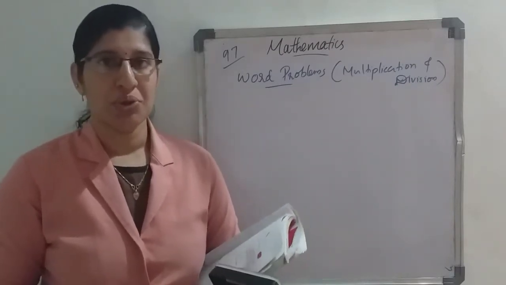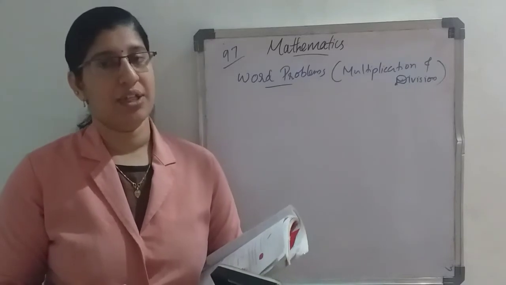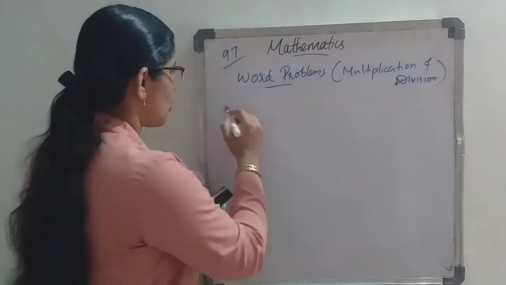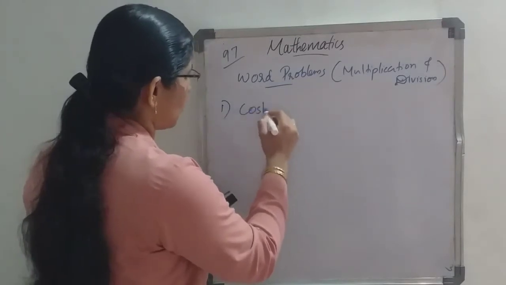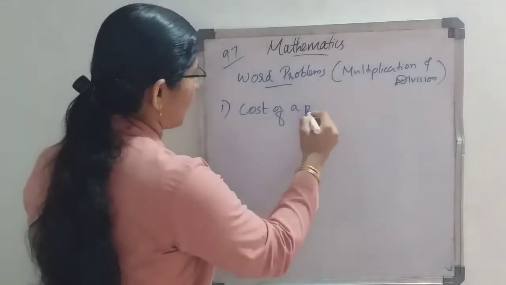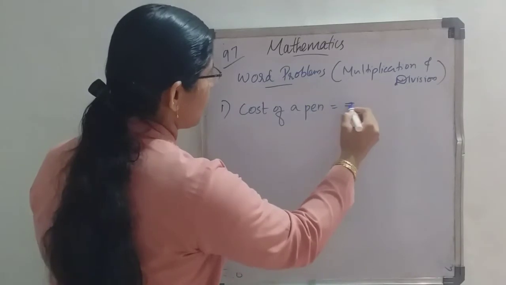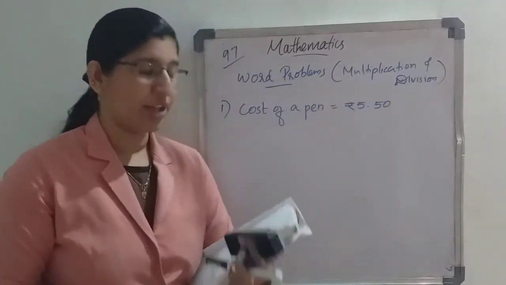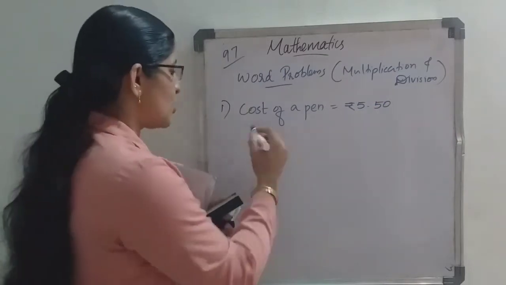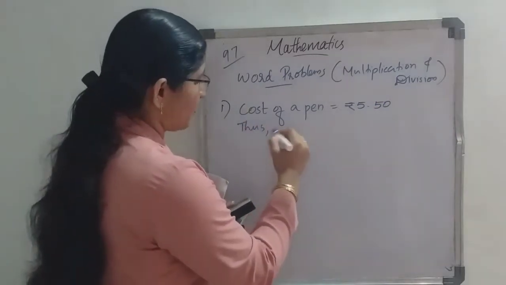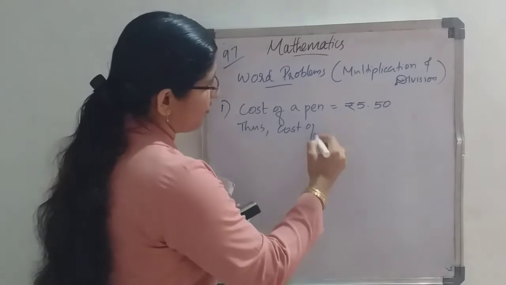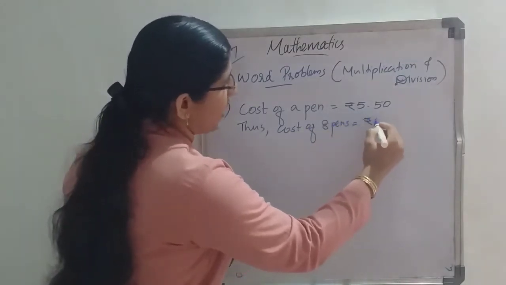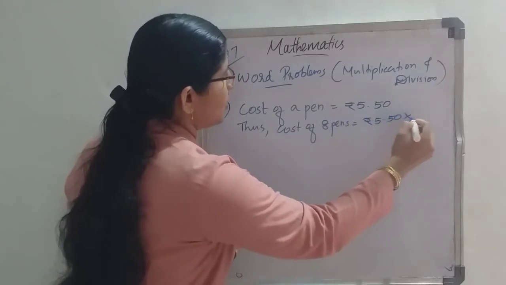So I already told you how you start the word problem of money, by writing the cost of. So the cost of a pen is 5 rupees 50 paise. So what do you need to do to find the cost of 8 pens? Only 2 steps. The cost of 8 pens is 5 rupees 50 paise into 8.